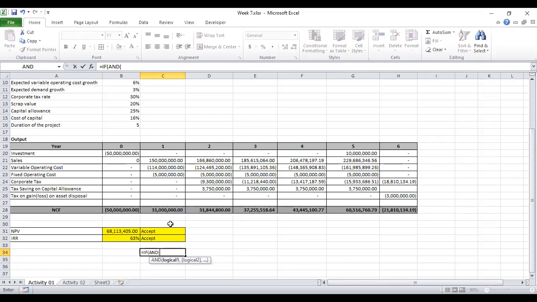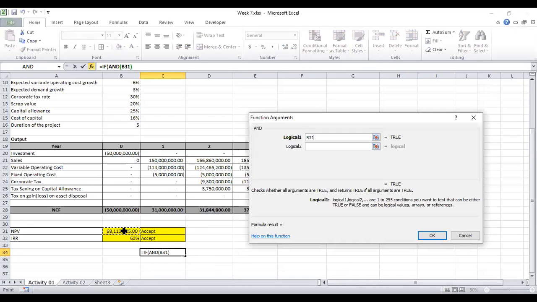So let's put them in the expanded form, then it would be easy. Just click on AND and expand. Right, okay, good. The first test, you're going to check whether this NPV is greater than 0. Then the IRR, whether it is greater than the cost of capital.